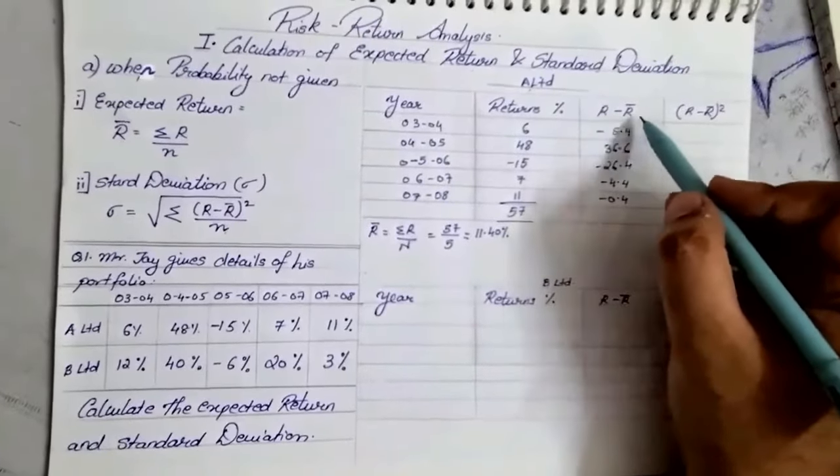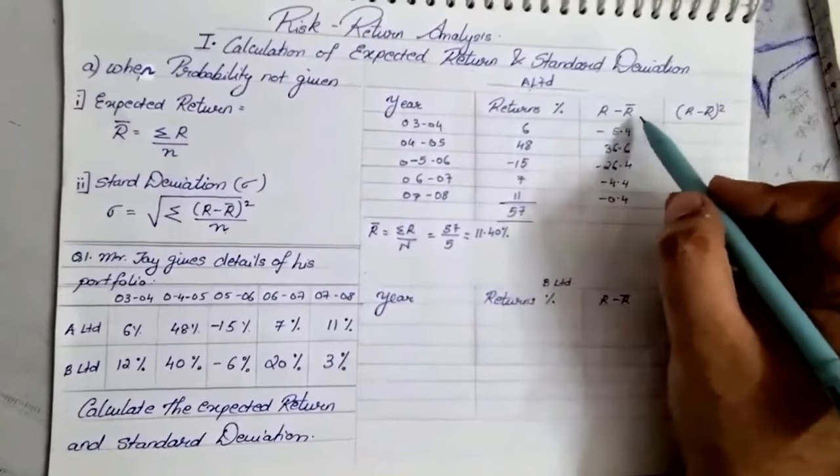So we have 12 plus 40 plus 20 plus 3 minus 6, which comes to 69. So we need to find the R bar, that is expected return, that is nothing but the total of R divided by N. So in our case it will be 69 divided by 5, which comes to 13.8.